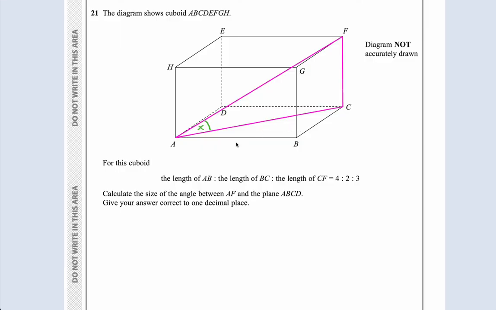Okay, next thing to see is the length of AB to BC to CF is 4 to 2 to 3. Because we're trying to find an angle, we can essentially think of the ratios as lengths. So AB is 4, BC is 2, and CF is 3. If you wanted to make them 40, 20, and 30, that would also work, because when you use SOHCAHTOA, remember what sine, cos, and tan are, they are ratios.